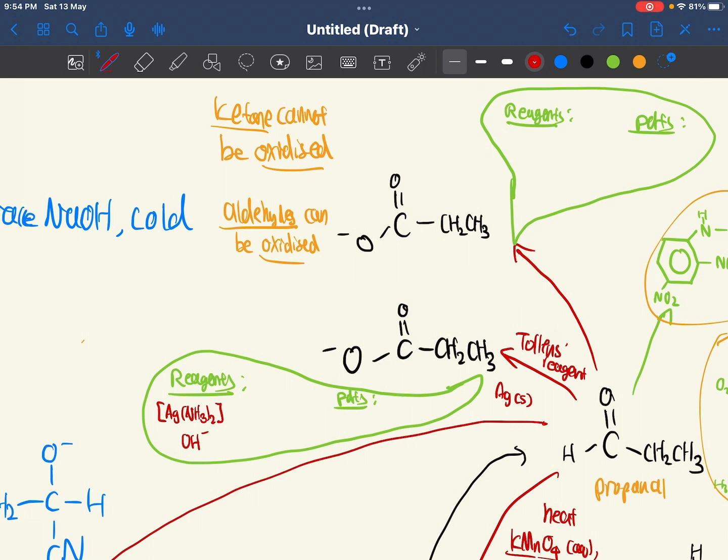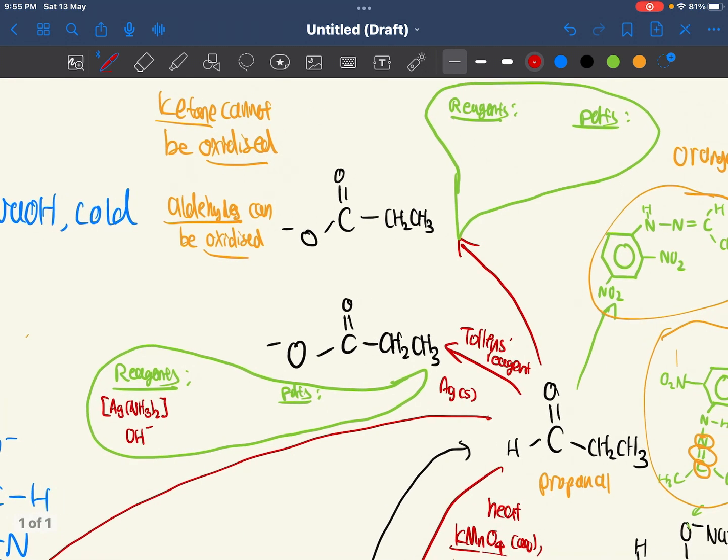So I'm not missing it out. Okay, then what the products of this are is that we're going to form our silver mirror, so it's Ag solid. We have our ammonia gas, and we have our water molecules.